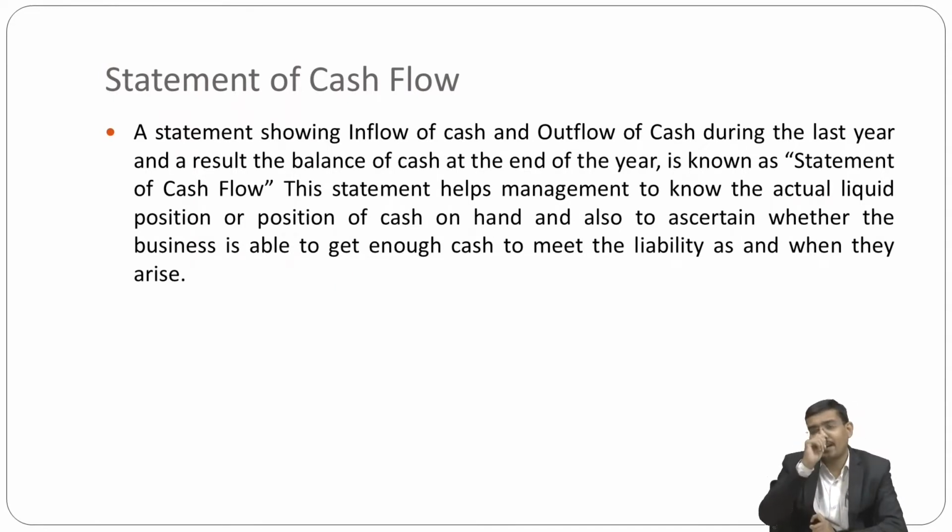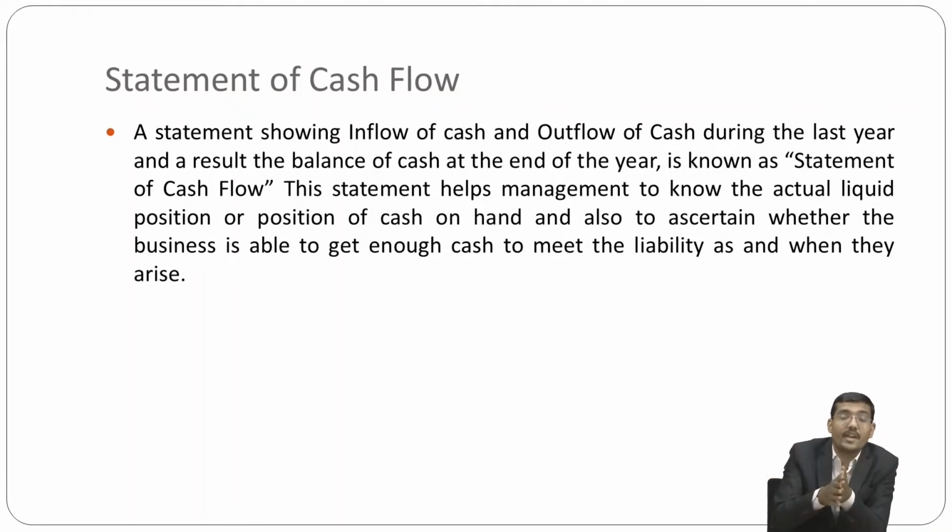This statement helps the management to know the actual liquidity, or the position of cash on hand, and also to ascertain whether the business is able to get enough cash to meet liabilities as and when they arise. So this justifies what your cash obligation is.